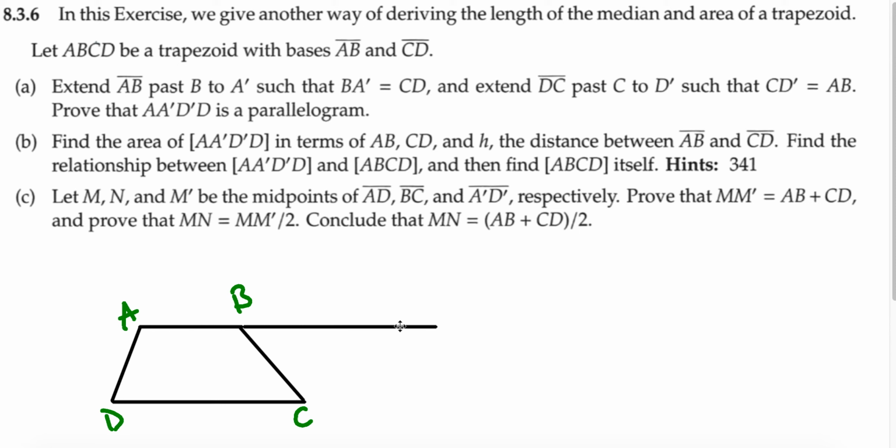Now, I'm going to call this one A prime. And then extend DC past C to D prime such that CD prime, which is this portion, has to be equal to AB. So I'm going to copy AB and put it over here.